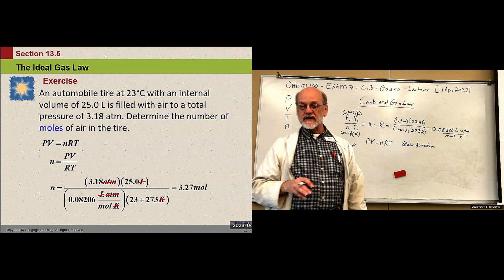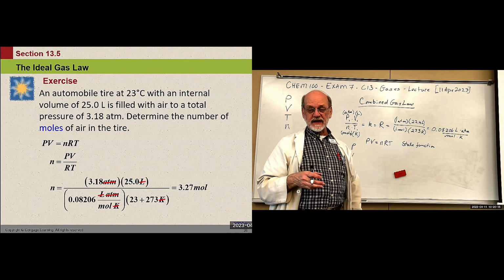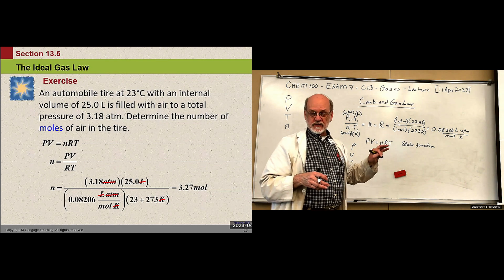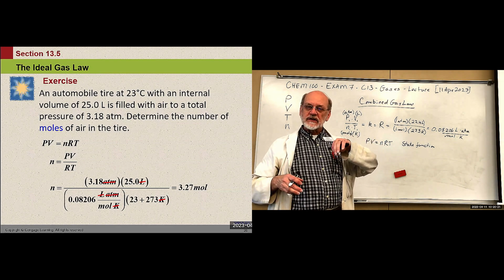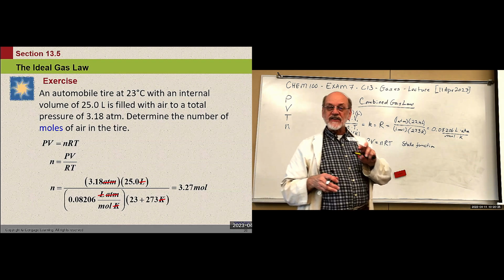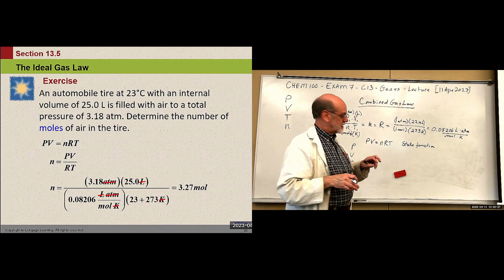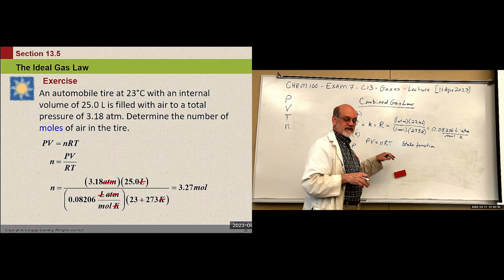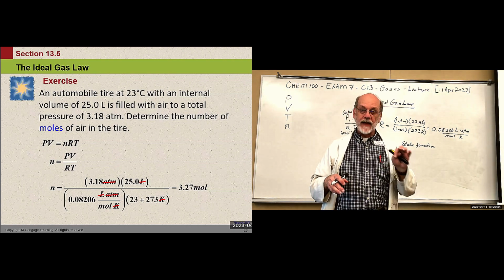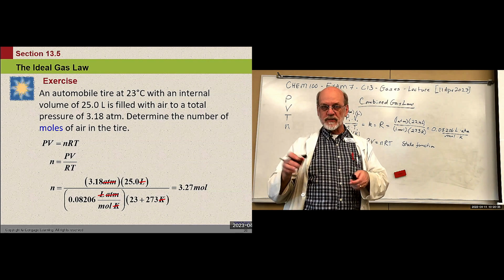Under these conditions, there you have 3.27 moles in that container. Now, this is extremely valuable in chemistry. When you conduct a reaction in a gaseous state, you can use this gas law to tell you something about the outcome of the reaction, how many moles of a gas are produced.